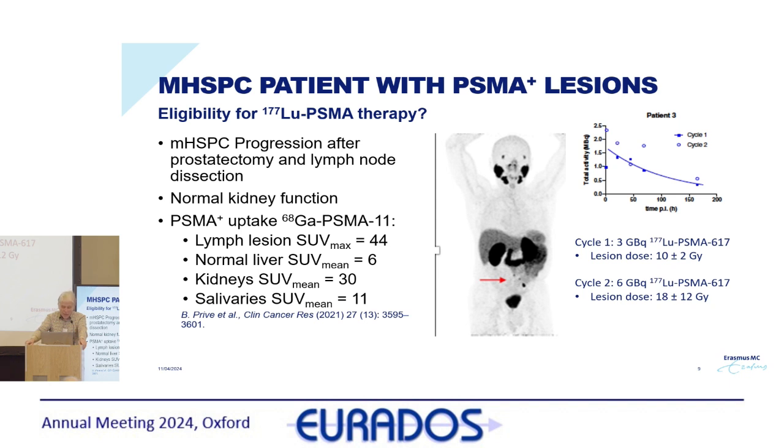And in total, the dose to the lesion was 10 gray by the first therapy cycle and 18 gray by the second therapy cycle. And that led to diminution of this tumor and lowering of the PSA level of these patients. So that already was successful.